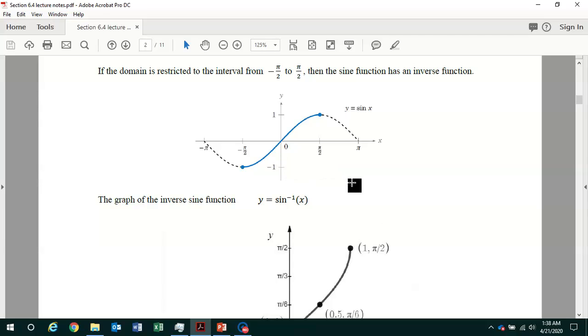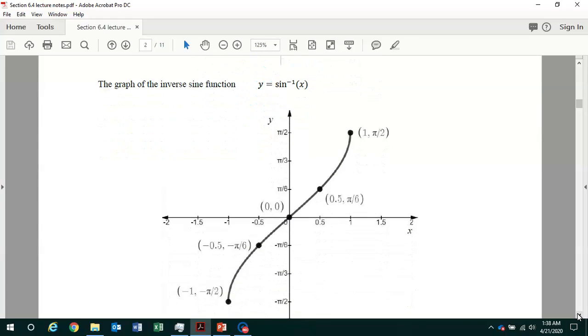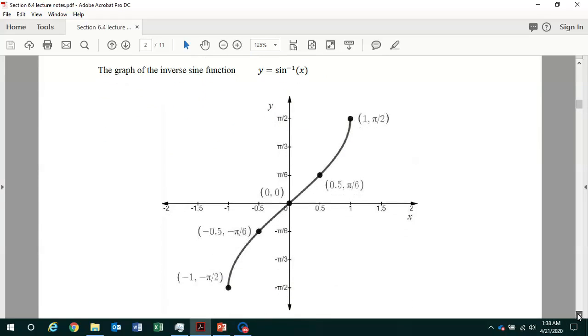And so in the graph of the inverse sine function, the numbers on the y-axis from -1 to 1 are now on the horizontal axis of the inverse sine function, from -1 to 1. And the angles from -pi/2 to +pi/2, which were on the x-axis up here, are now on the y-axis down here. So remember, for an inverse function, the input and the output get switched. So here's the graph of the inverse sine function.